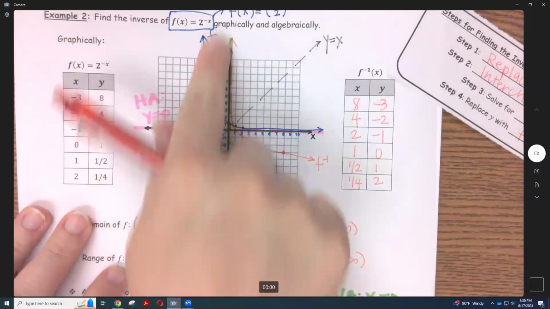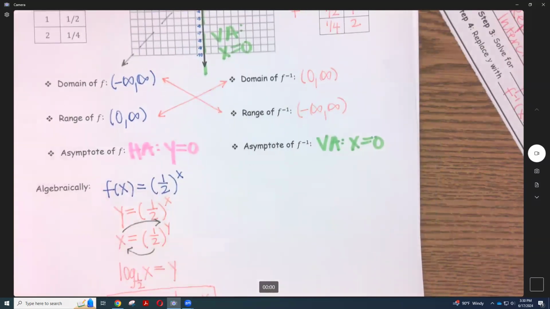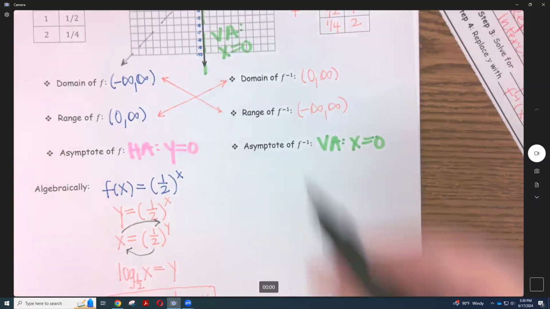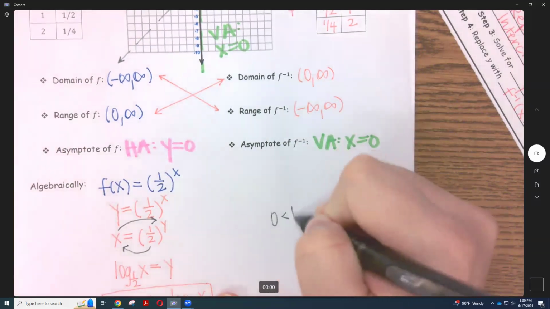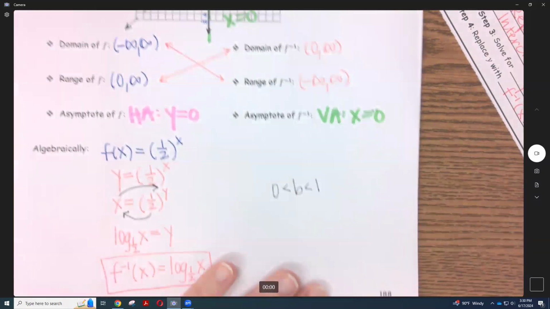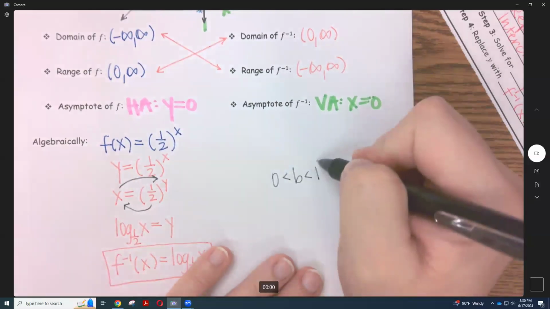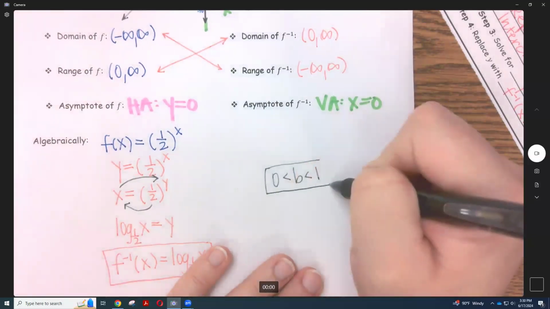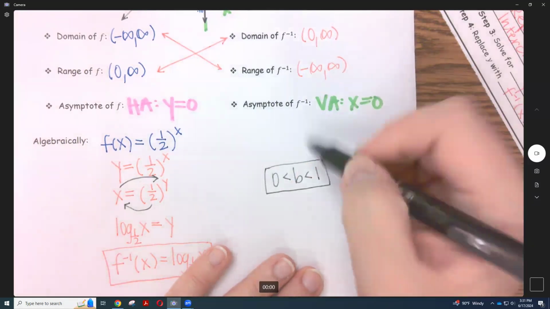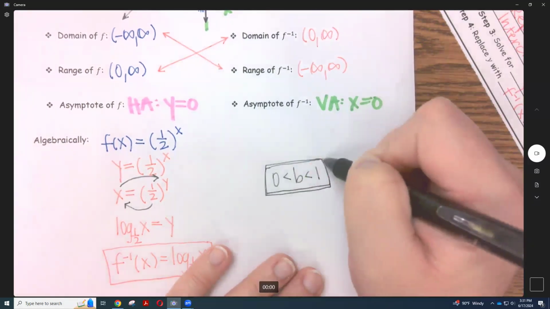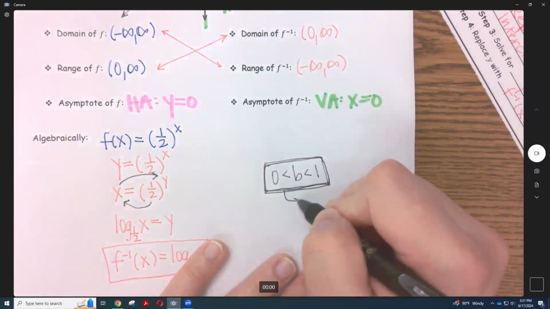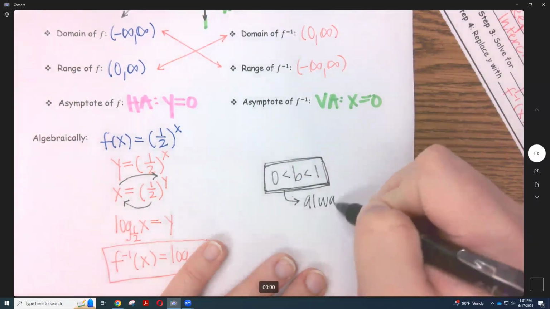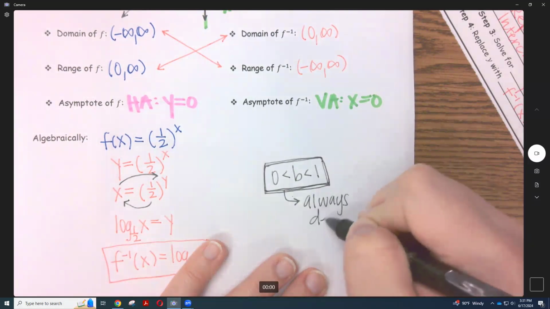So we will get graphs that look like this in the red every time that I have a base between 0 and 1. A base between 0 and 1 means that we will have a graph that is always decreasing.